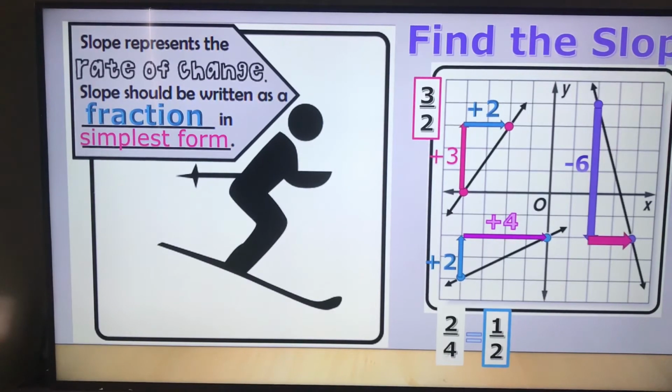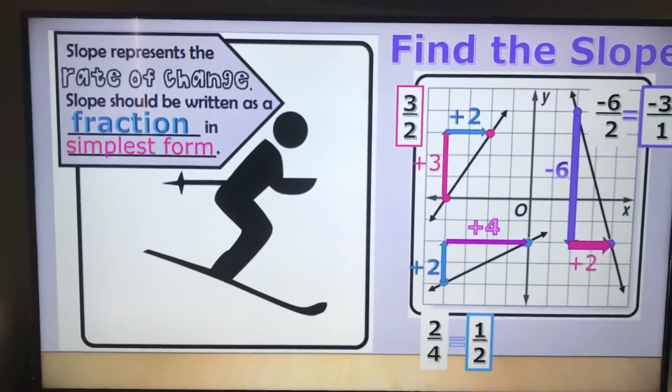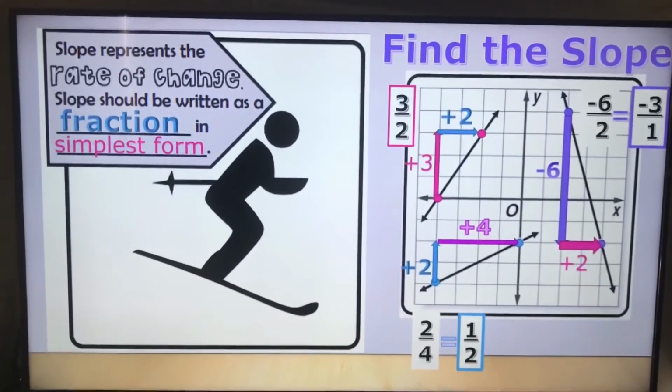And then I went right 2. So I'm going to write a positive. You're writing the sign of the direction you're going. So, okay, negative 6 over 2. Perfect. But it can be simplified to negative 3 over 1. You could even write negative 3. That is acceptable as well.